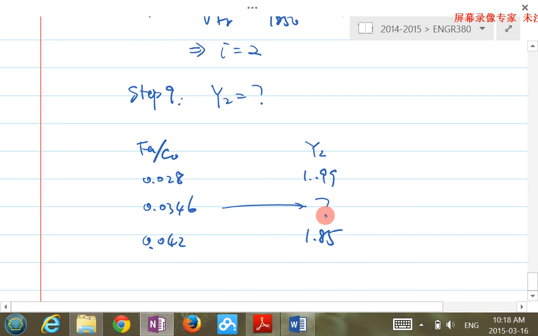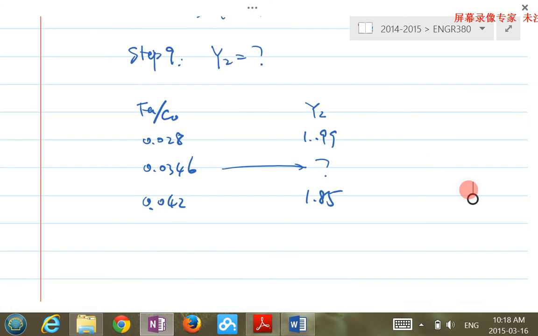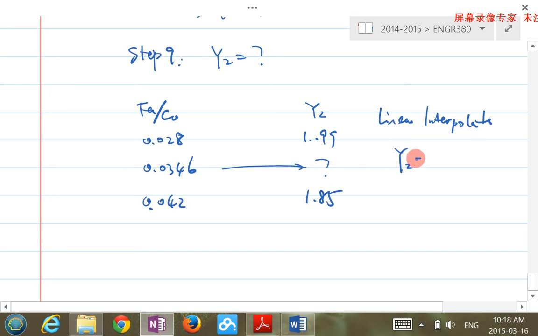We need to know what the value of y2 corresponds to. We can use linear interpolation to find y2, because essentially you have all the numbers here. So y2 can be found, which is 1.924.